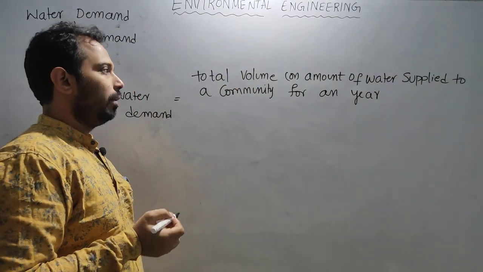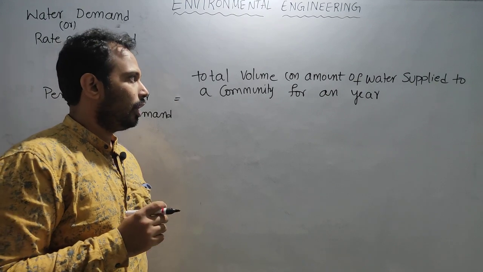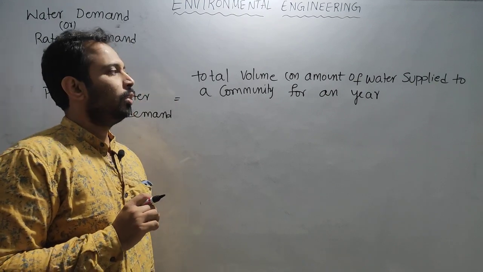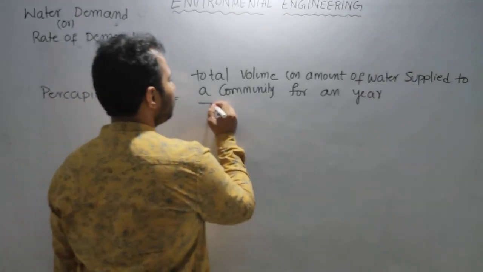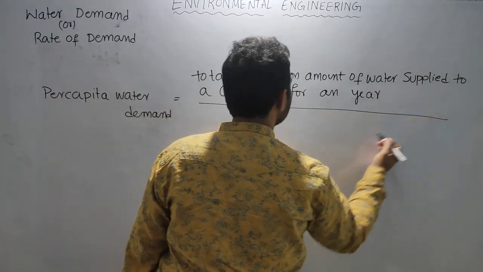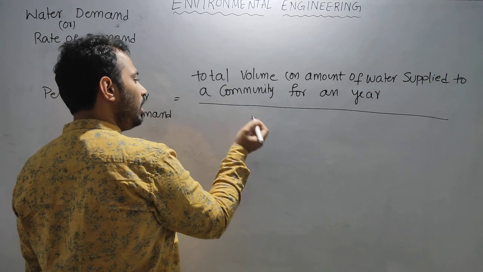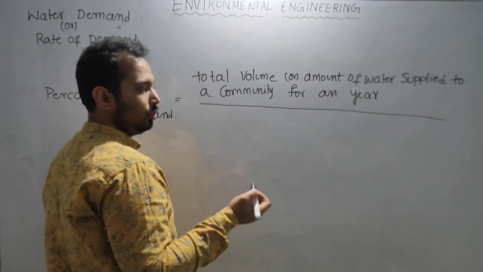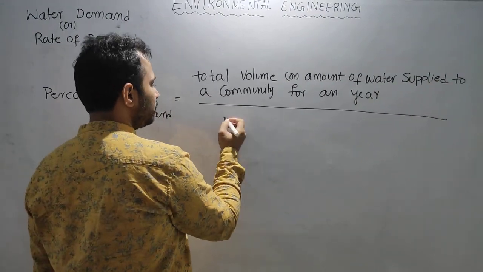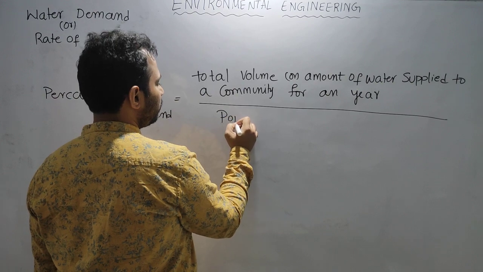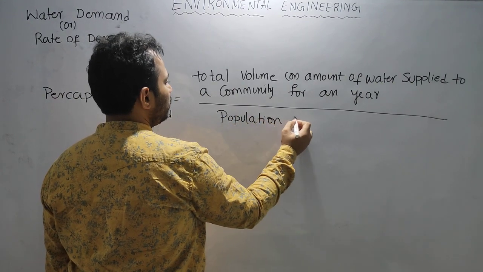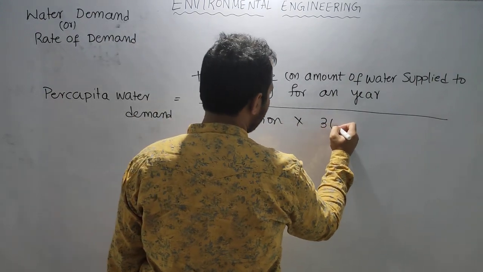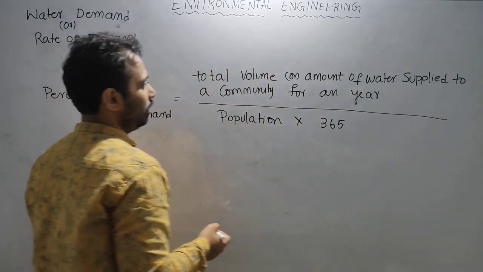So we consider the total volume supplied per year, divided by the number of heads using this water, that means persons, that is population, and the number of days you are calculating, 365 days.